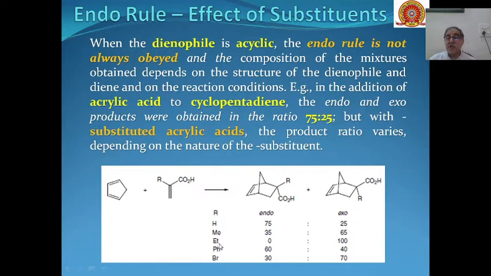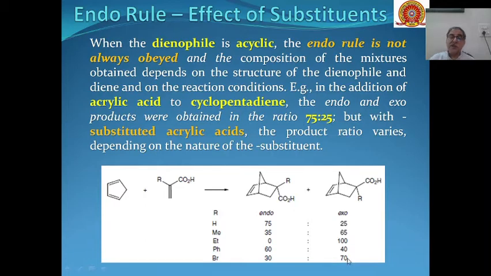Similarly, if R is ethyl, then no endo product is formed, only exo product. If R is phenyl, then 60% endo, 40% exo. If it is bromide, then endo is 30 and exo is 70.